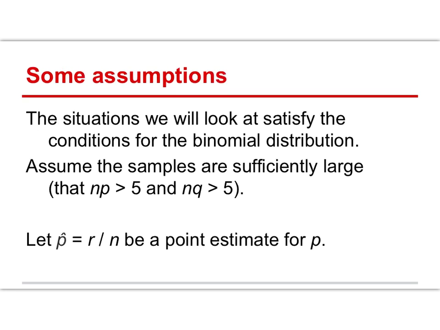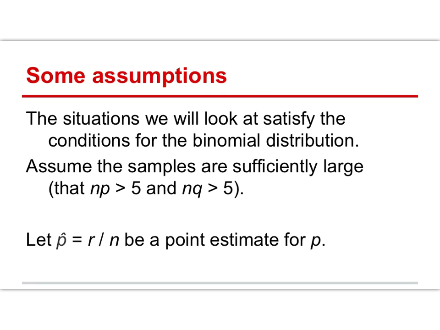First off, since everything that involves the population proportion is working off of the binomial distribution, we need to make sure that those conditions are satisfied, that n times p is greater than 5 and that n times q is greater than 5. Those are required for this method.